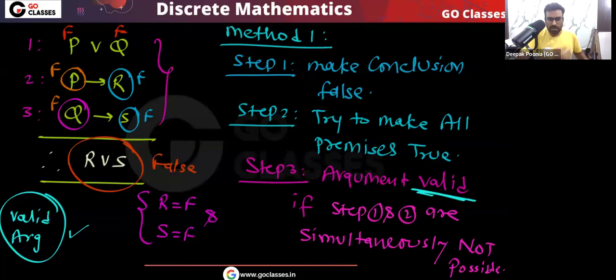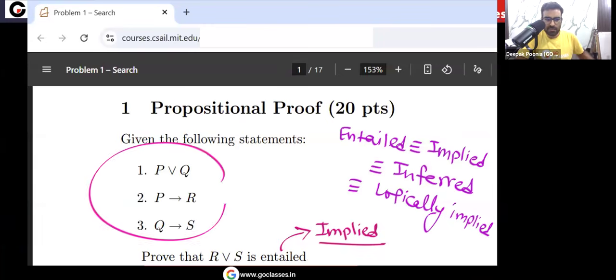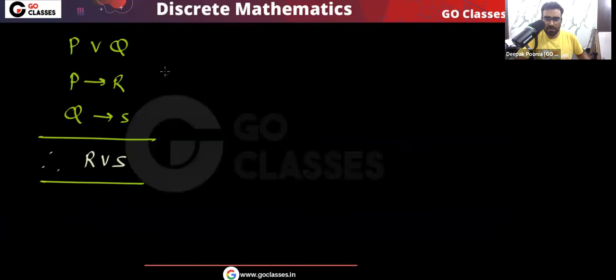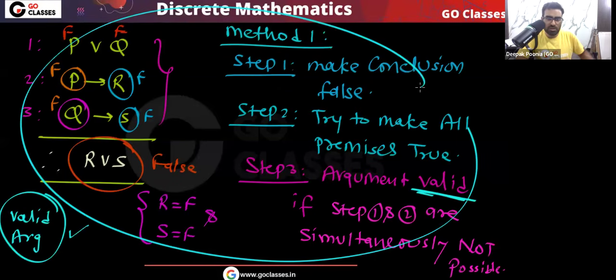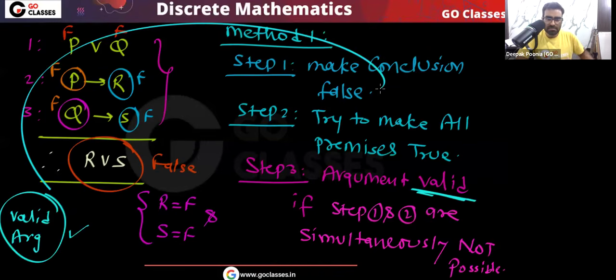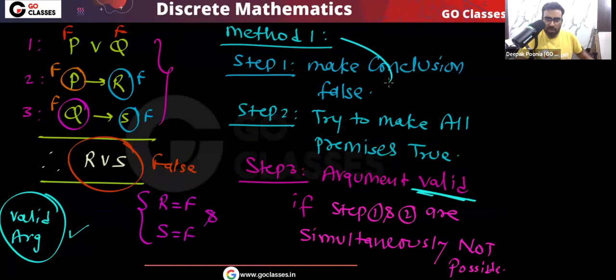Very simple. So finally I can say that from these three statements, R or S can be entailed, or I can say inferred or implied. So this is what we have proven. I hope you understood. Let's see method number 2 as well. That is logical interpretation. Without going through this formal method, this is a formal method, right?